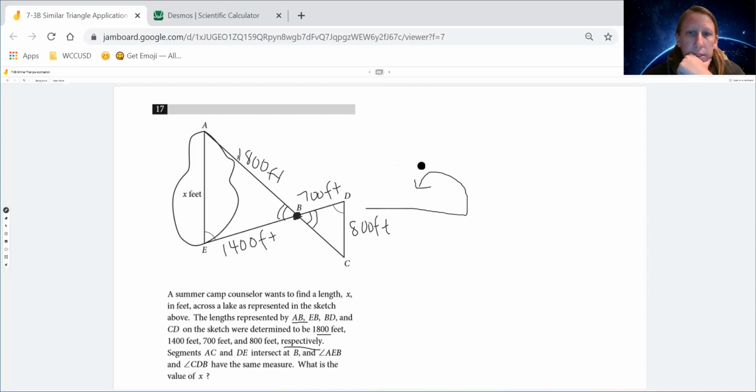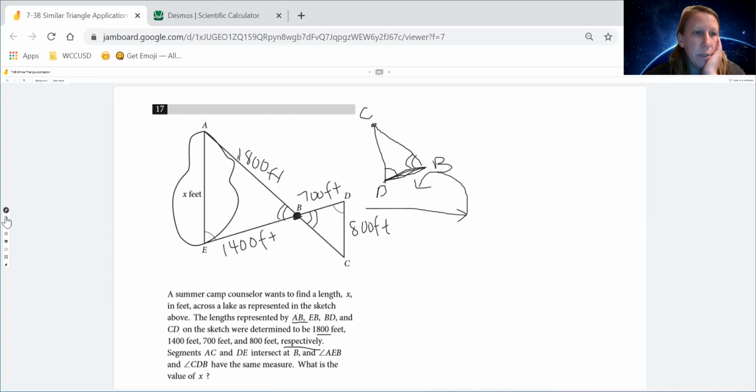And B is going to land over here, and D is going to land over there, and C is going to come up to the top. Okay. So I kind of pulled them apart and then I spun them around. I translated and then I rotated. Okay, B has the angle there and D has the angle there.